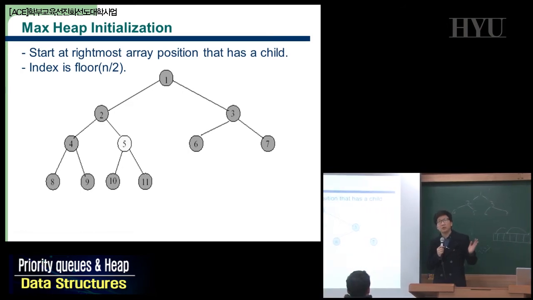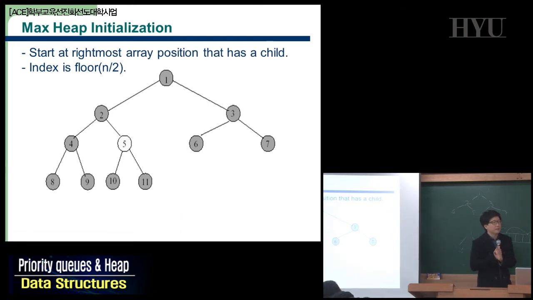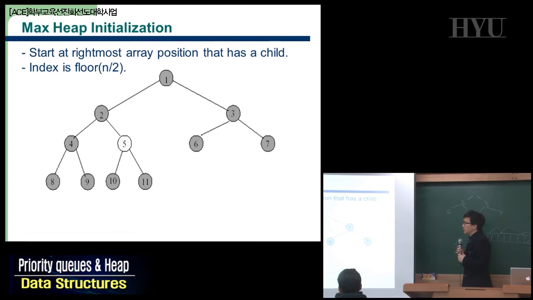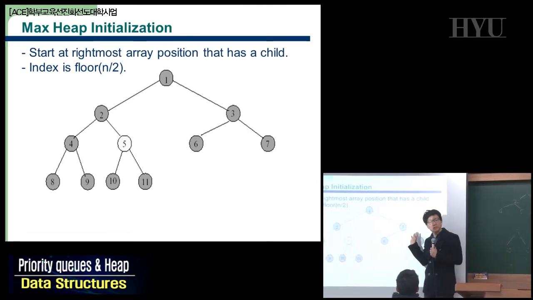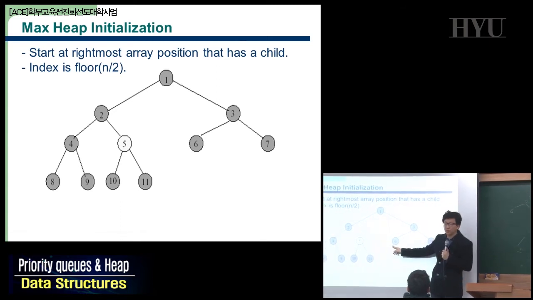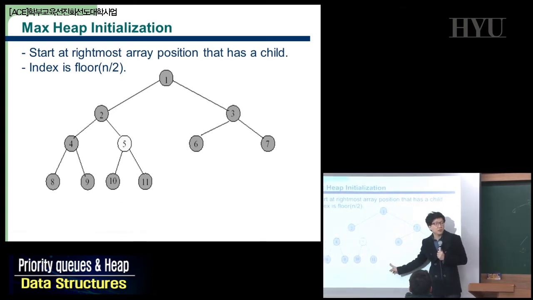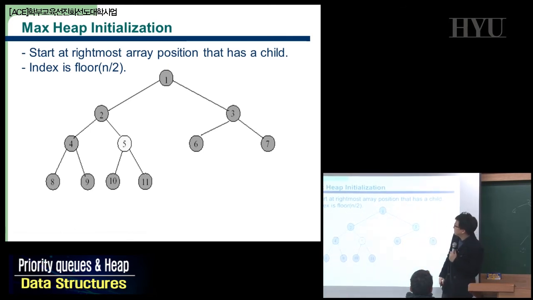So try to look for the rightmost element which is not a leaf, but it has a child. Okay, so that gives me 5. 가장 오른쪽에 있으면서 그 child를 가지고 있는 거. 6은 가장 오른쪽에 있긴 하지만 they have no child. 그렇죠? So definitely start at the rightmost array position that has a child.